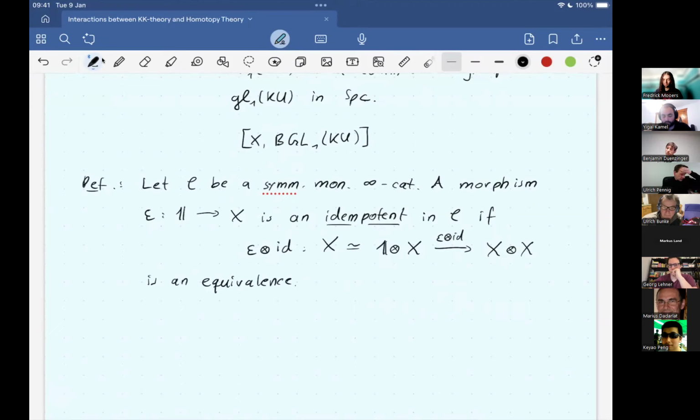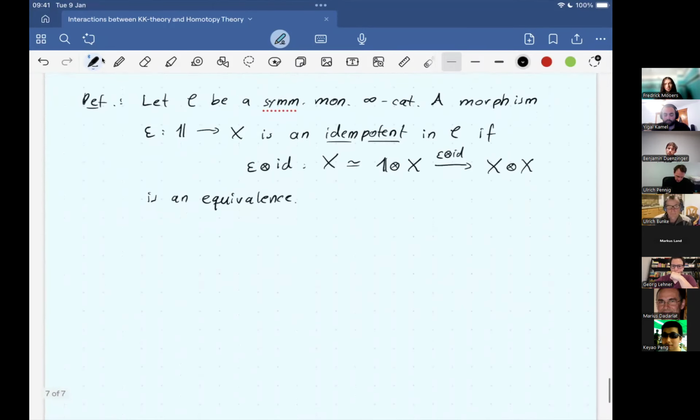And it turns out that in this localization of the category of C-star algebras at homotopy equivalences, there are idempotent objects, and these have been discussed by the operator algebra people a lot.